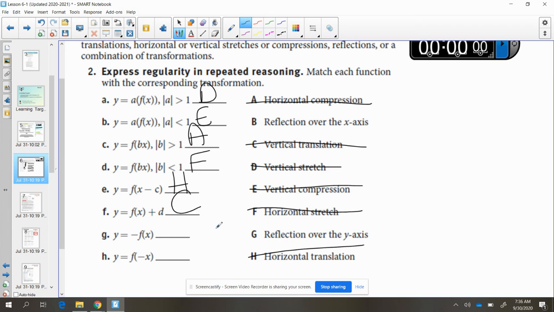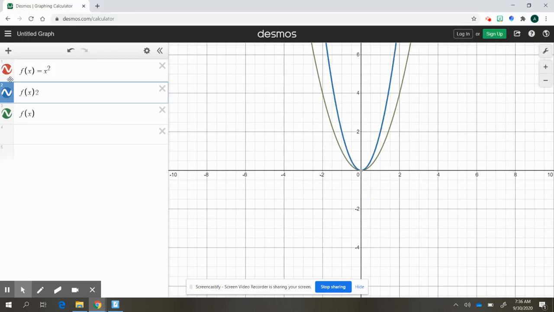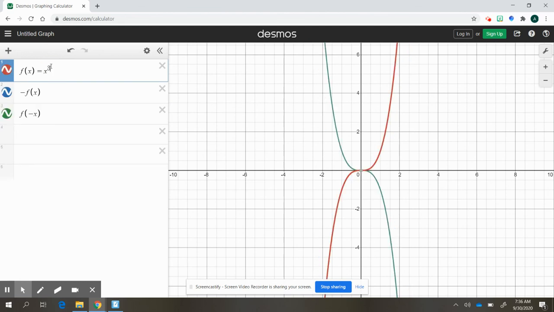And then our last two is what happens when we have that negated X value outside versus inside. Well, outside is a reflection over our x-axis versus inside is a reflection over our y-axis, which in the case of x squared isn't going to really actually look like anything, but let's say this was x cubed, then you could see that flip over the y-axis, how it flips between the red and the green.